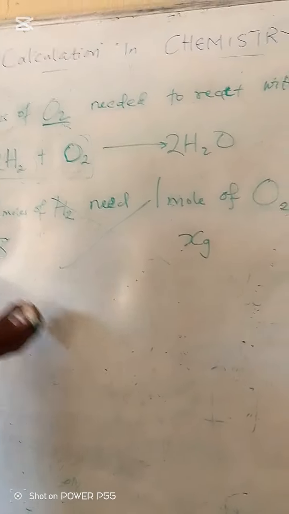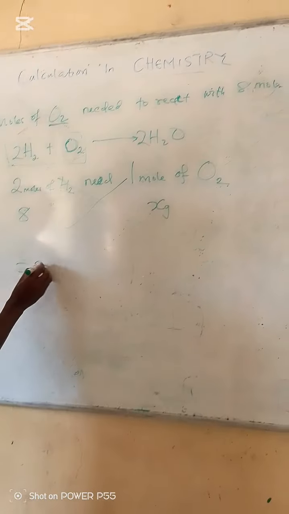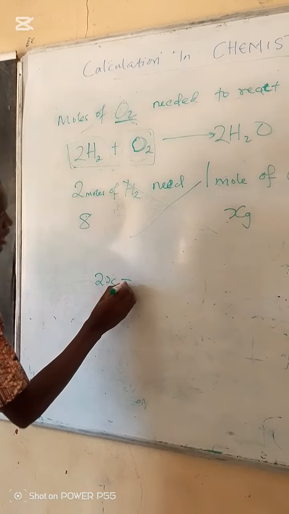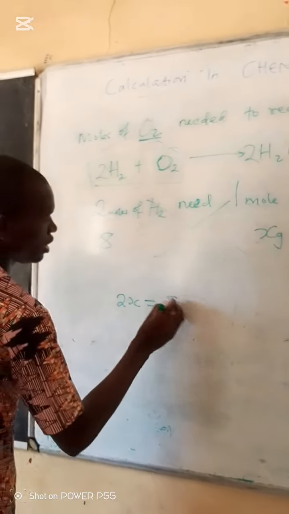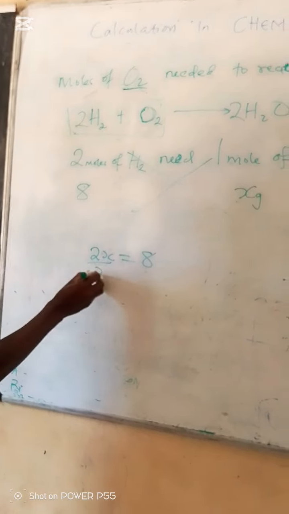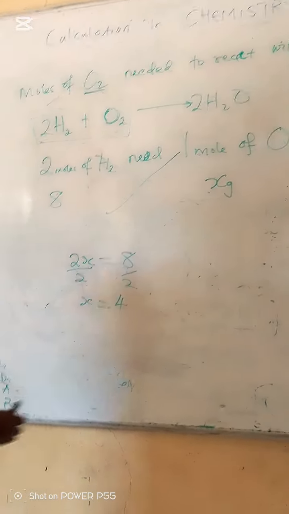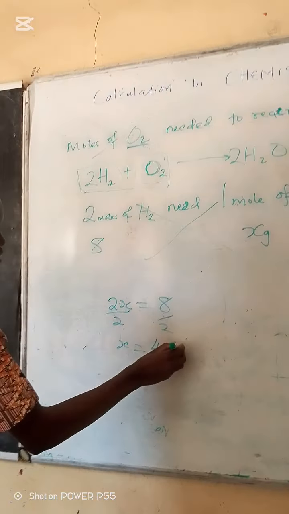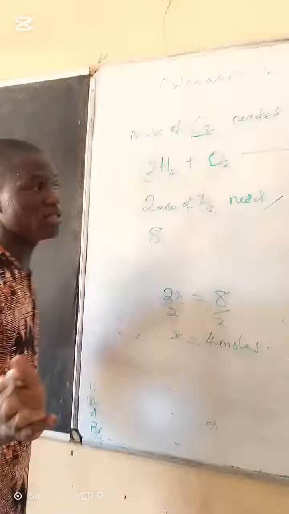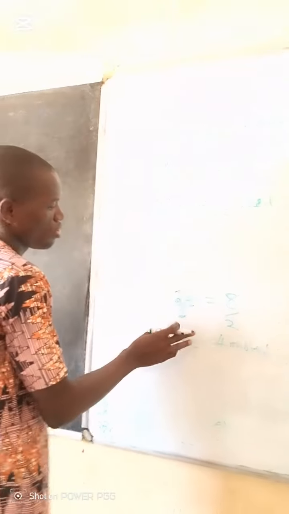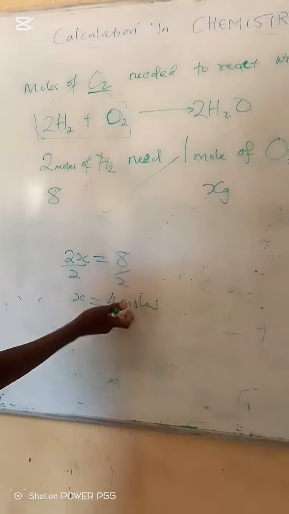So this will give you 2 times x, 2x, equal to 8 times 1, 8. Divide both sides by 2. X is equal to 4. So 4 moles. And this is simple. So you can see 2 react with 1. So 8 will need 4 to react with.